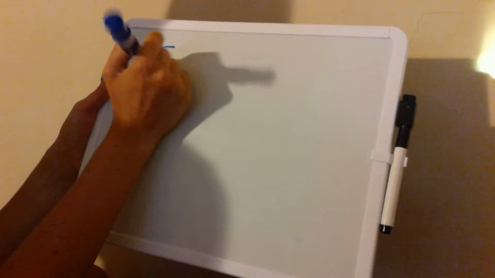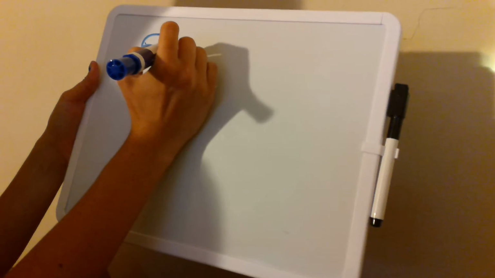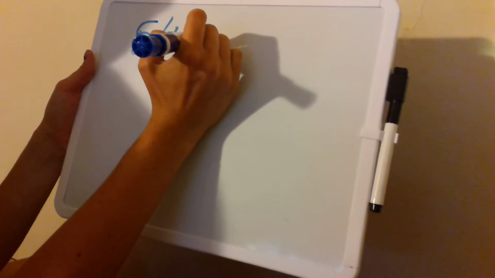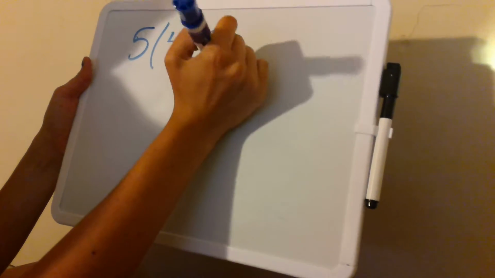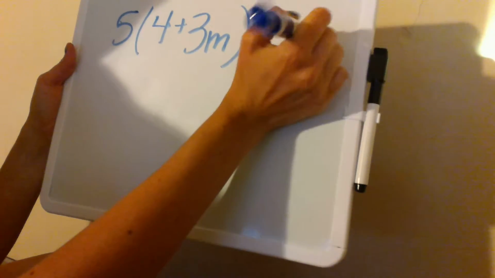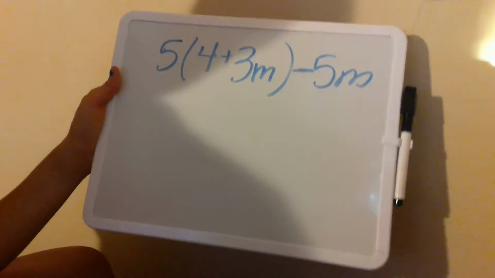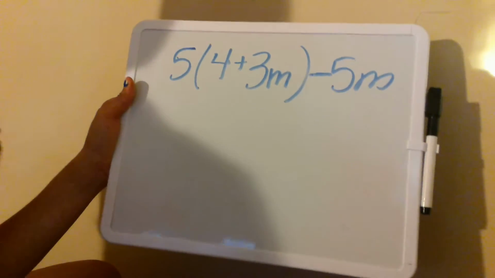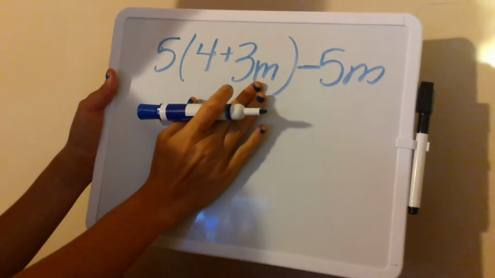One last problem. Okay, so we have a 5 outside of parentheses. Here's our term with the variables.